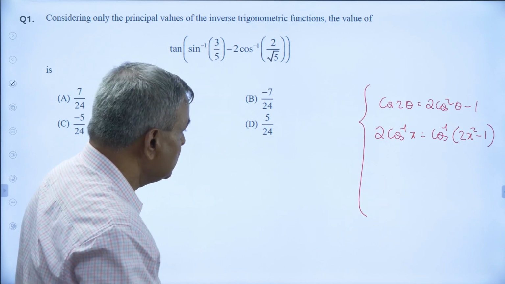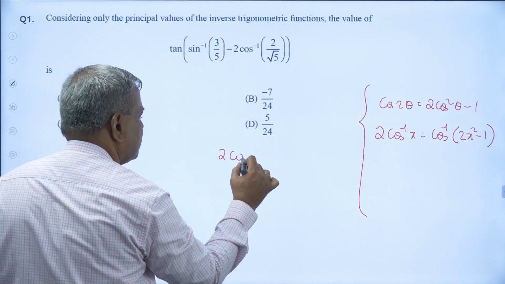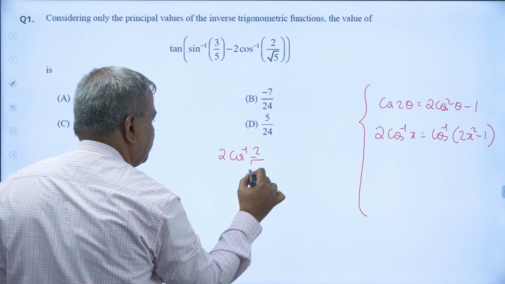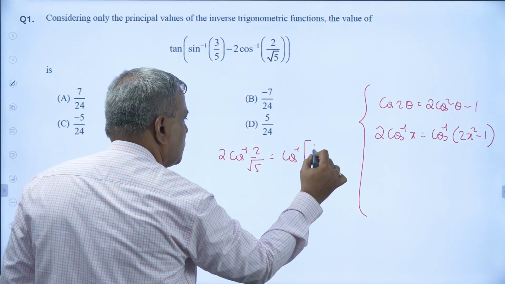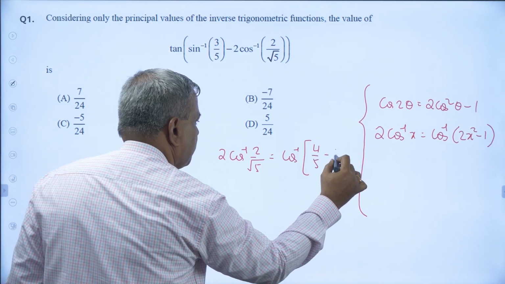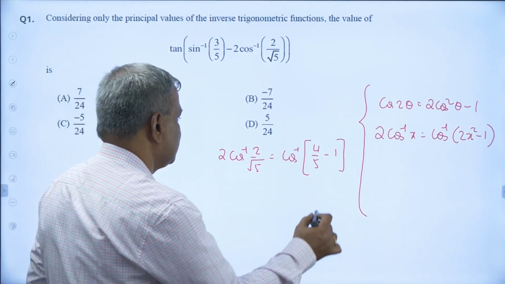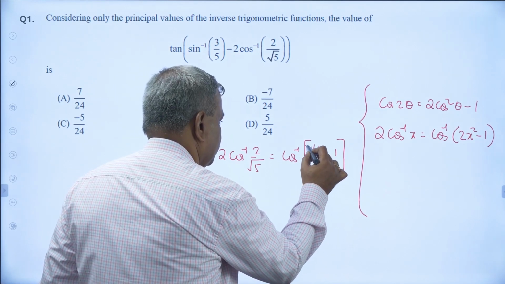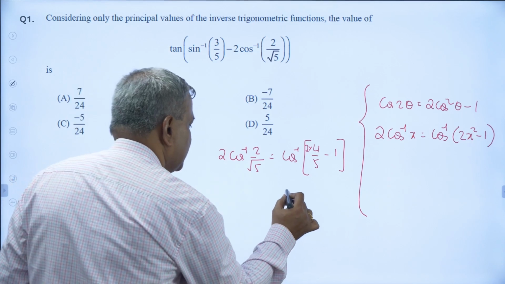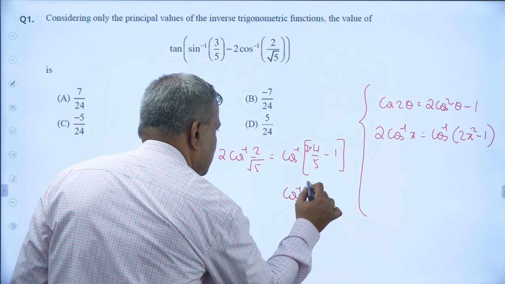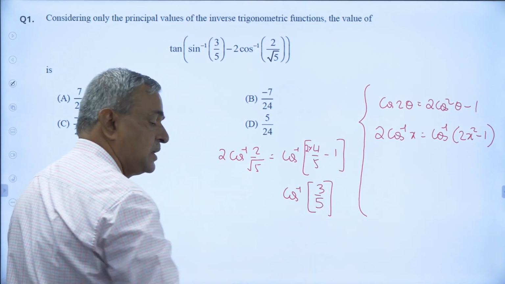Next, we reduce this: 2 cos inverse 2 by root 5 is equal to cos inverse of 2 into x square minus 1, where 2 into x square means 2 into 4 by 5, which is 8 by 5. Minus 1, so we get cos inverse 3 by 5. How much do we get? 3 by 5.